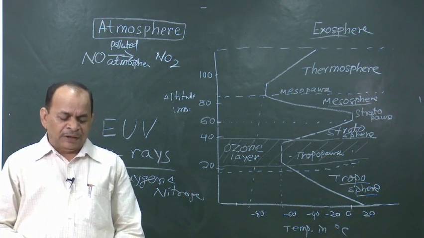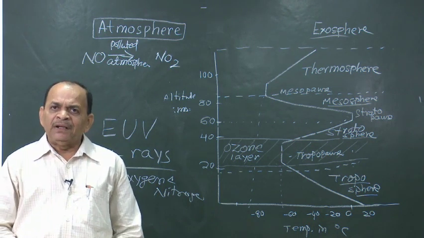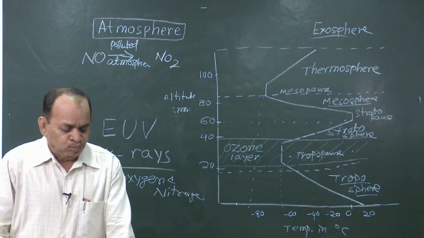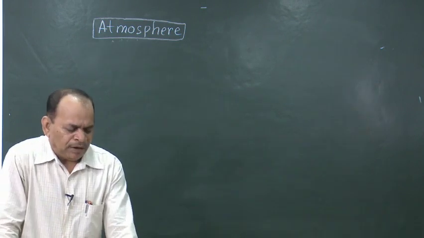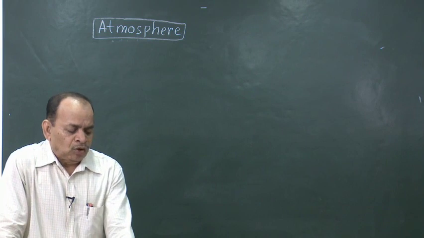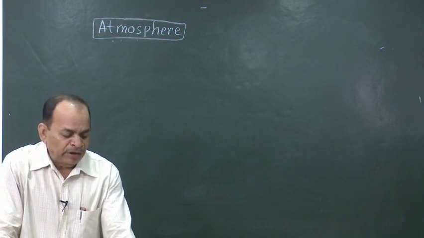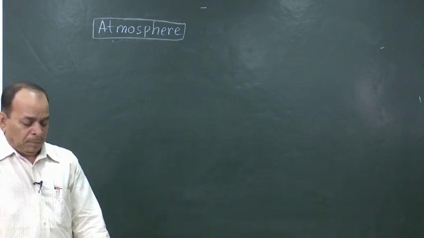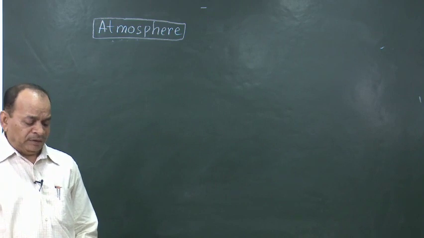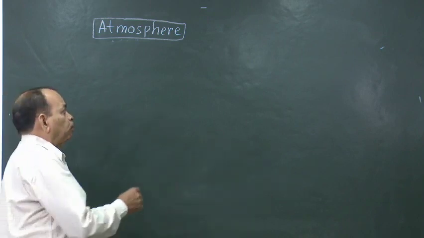The atmosphere is primarily composed of two gases, nitrogen and oxygen, which contribute about 99% of its composition.